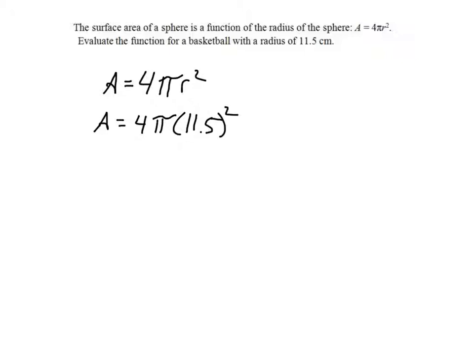Now, please remember one thing. When you are going through and evaluating this, order of operations says you have to do the powers first. So please, somebody tell me what is 11.5 squared? 132.25.